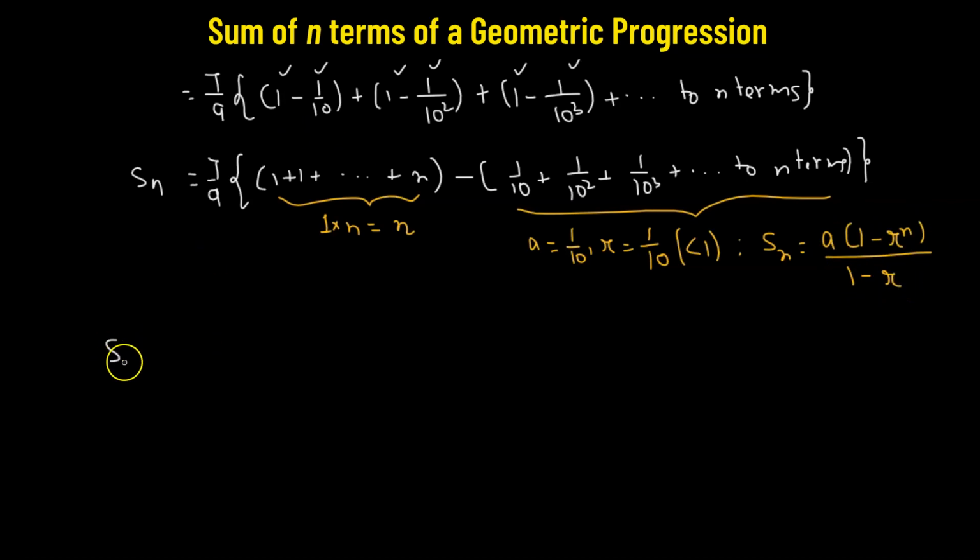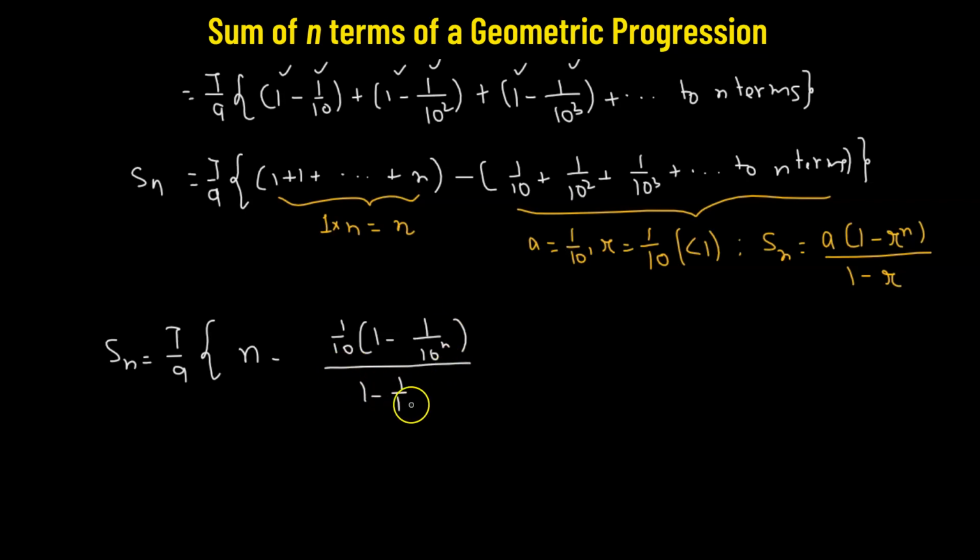Then our Sn will be equal to 7 over 9 whole multiplied by n minus, where our first term is 1 over 10, multiplied by 1 minus 1 over 10 whole raised to the power of n, divided by 1 minus r, so 1 minus 1 over 10. This will be equal to 7 over 9 multiplied by n minus 1 over 10 divided by 1 minus 1 over 10, which is 9 over 10. So this is simply 1 over 9, which gets multiplied by 1 minus 1 over 10 raised to the power of n.